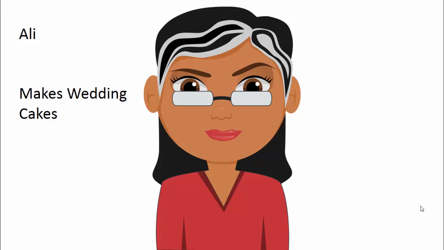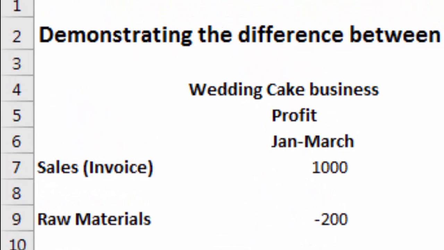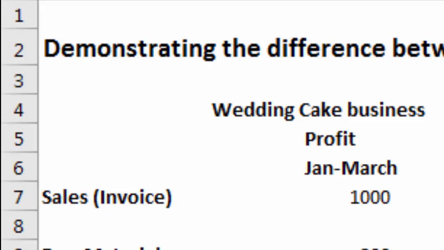Now, when you look at trying to calculate her profit, we're going to look at the period between January and March. That's 3 months. And in that time, she invoiced for £1,000 worth of cakes. That's her customers had purchased cakes from her.